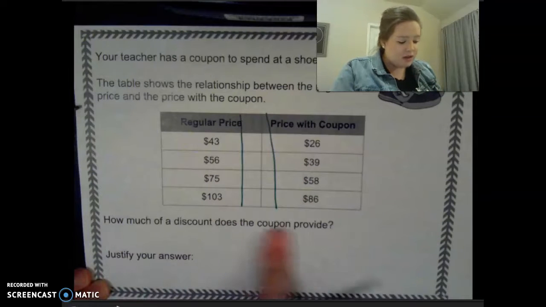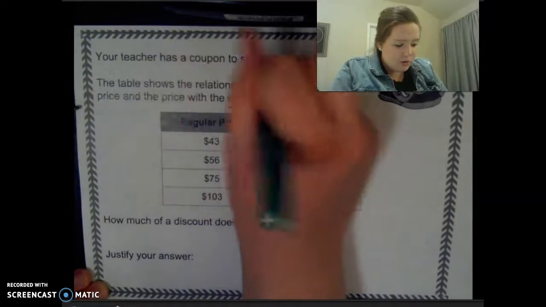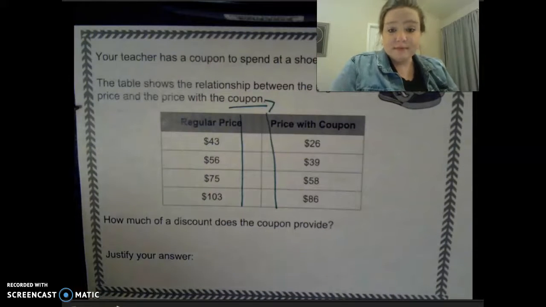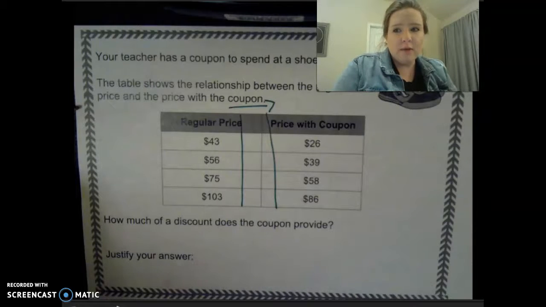That's going to tell you how much the coupon provides. Well, from regular price to the coupon, what do coupons do? Yes, coupons make the price of your object, in this case shoes, go lower, okay? It saves you money. So if the price of your shoes is going lower, what operation are you doing? Good, you're going to be subtracting.